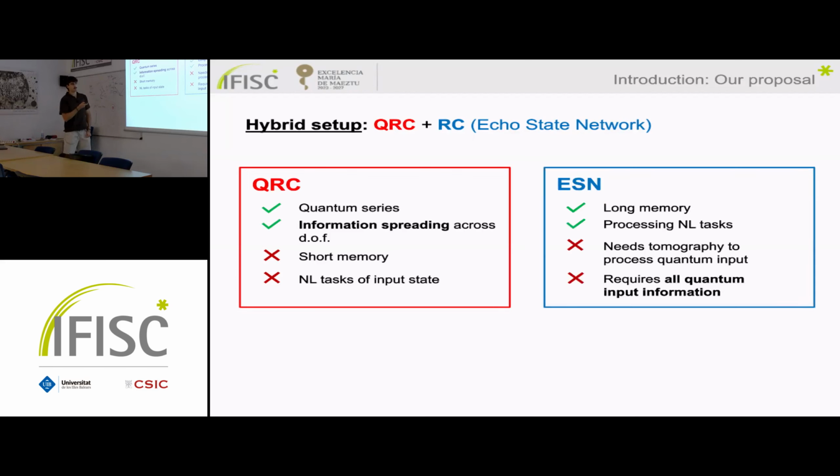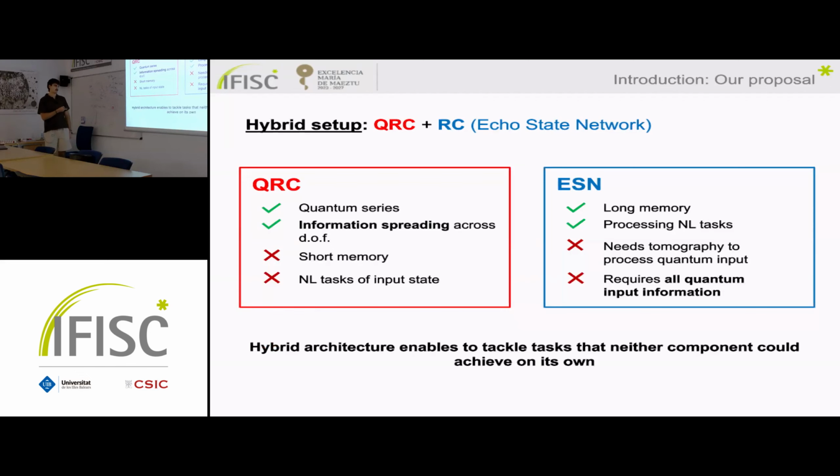On the other hand, the echo state network will present a long memory and is strong at processing nonlinear tasks. The problem is that it needs tomography of the quantum input, it needs the classical values of the state that we inject, and as we will see, it requires all the quantum information, not only part of the information. So this hybrid architecture will enable tasks that neither component could achieve on its own.